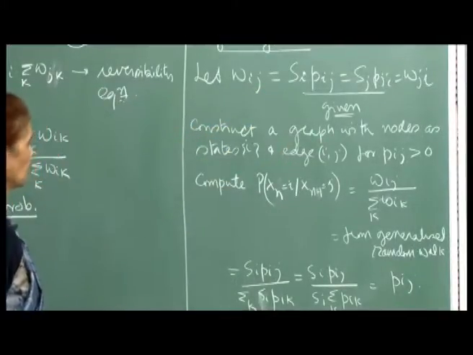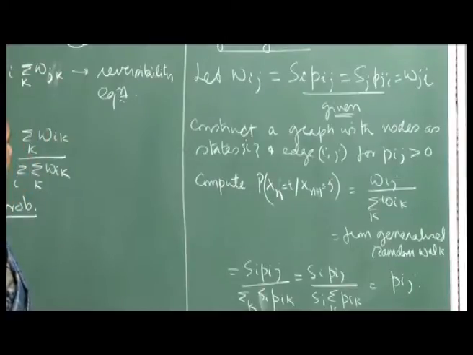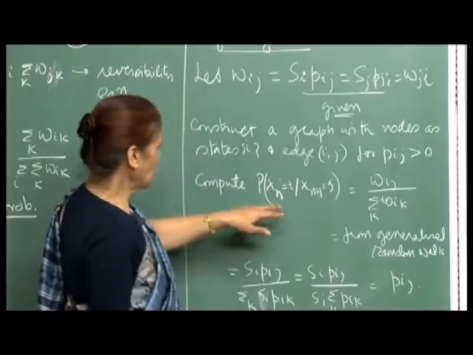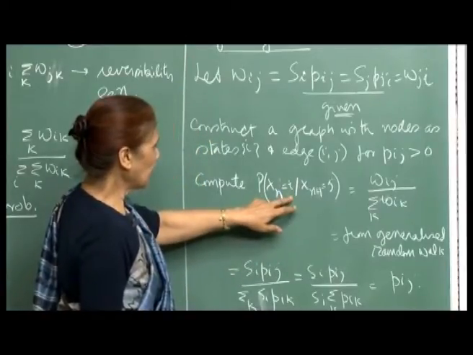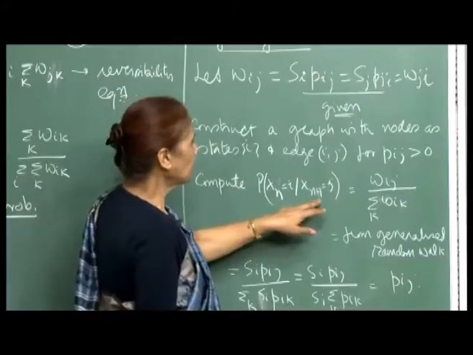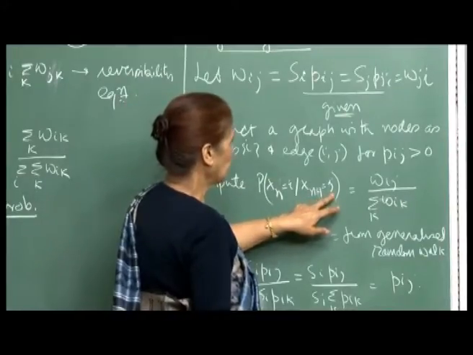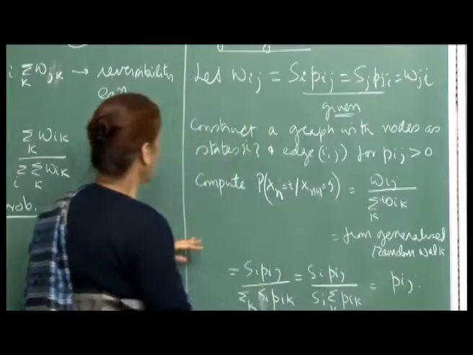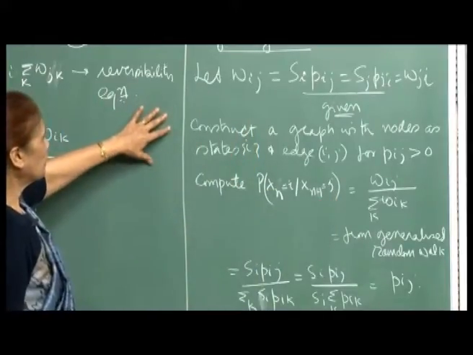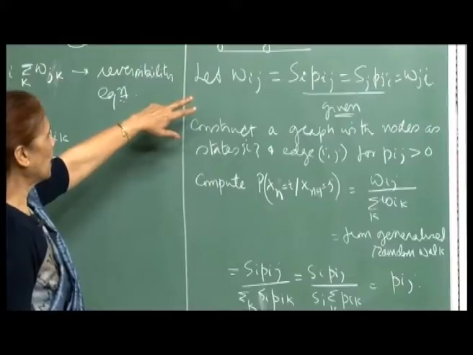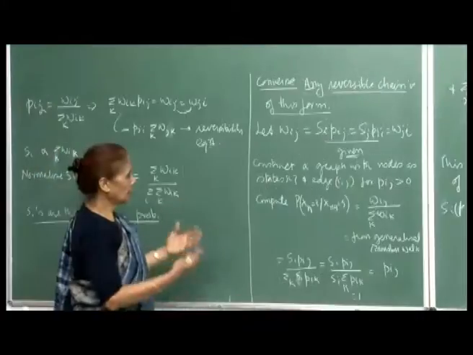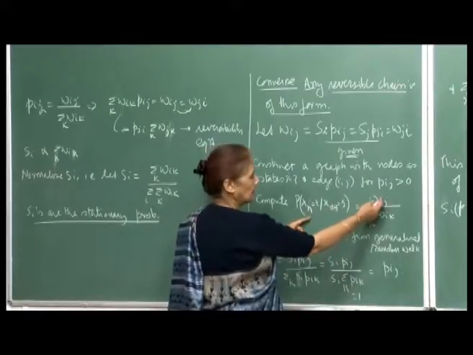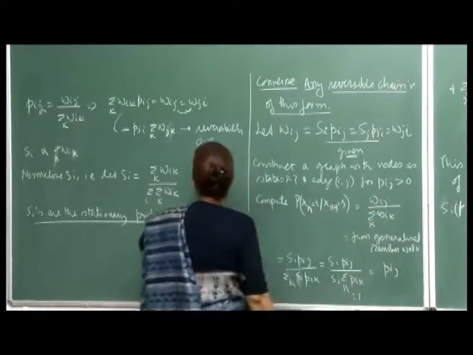Now, you want to compute the transition probabilities, which we will show can be done in terms of the Wij's. So, you want to compute the probability that x n is j given that x n minus 1 is i. Because I am constructing an undirected graph and associating weights Wij, remember from the generalized random walk, this transition probability we defined as Wij upon sigma k Wik.